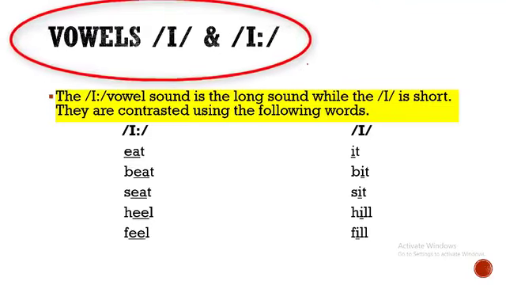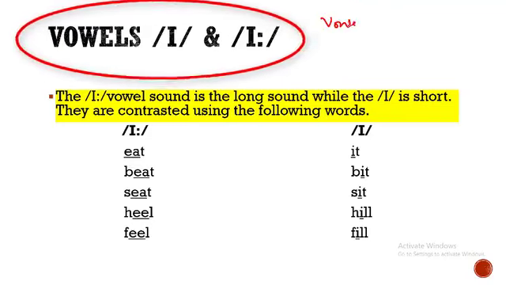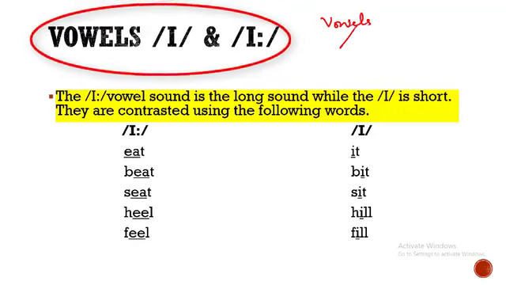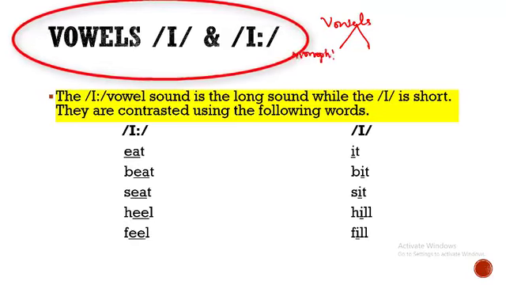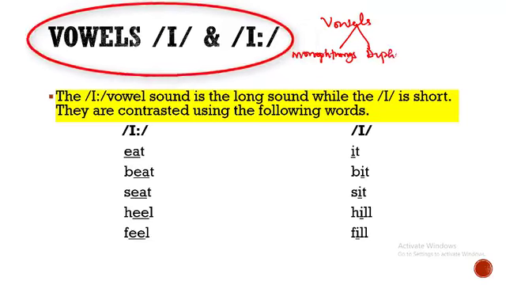Remember, vowel sounds are divided into two: the monophthongs and the diphthongs. The monophthongs are otherwise called pure vowels.